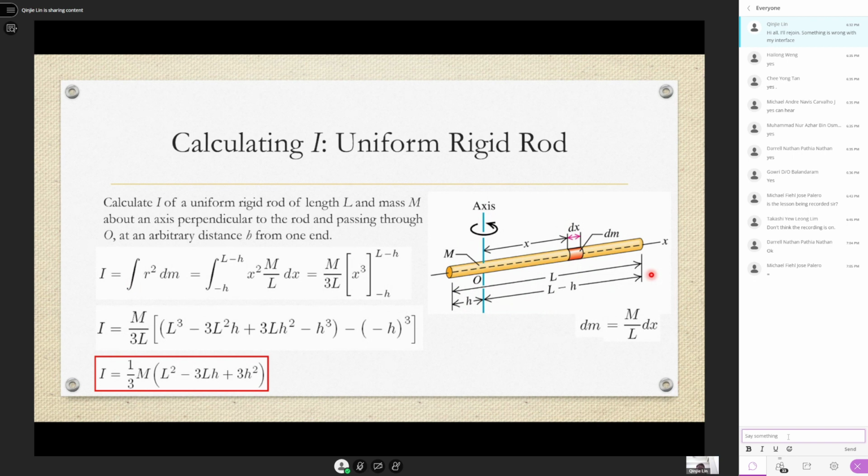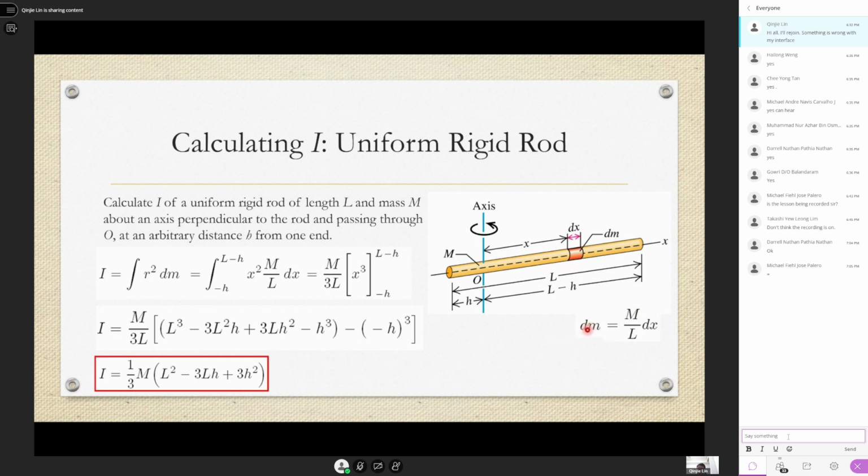Then somehow we need to deal with this dm, right? So we need to find an expression, change this so that we can perform the integration. This is the relationship: dm equals m over L dx. Basically, it's by proportionality.